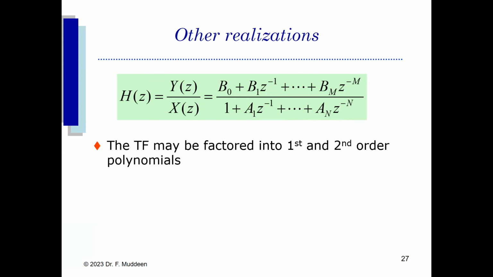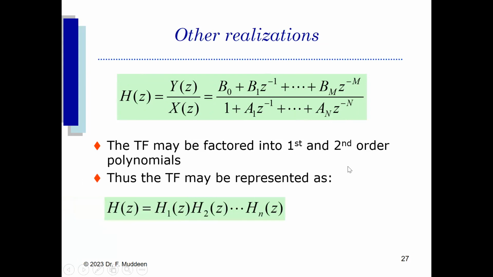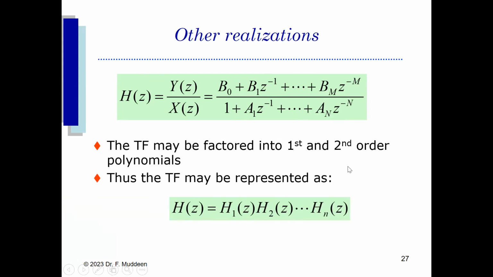Right. Now, just look at these other two. It's fairly straightforward to follow now. If I take a transfer function, I could take any transfer function like what we have up here, and I could factor it into first and second order polynomials. Like how you were accustomed to doing this with the Laplace domain.